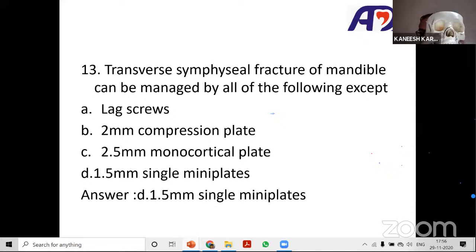It is the thinnest plate available. We need at least 2 mm plates. A 2 mm plate or 2.5 mm is the reconstruction plate, which I showed you earlier. Or we can use lag screw, but not a 1.5 mm single plate. That cannot withstand the force of the mandible.